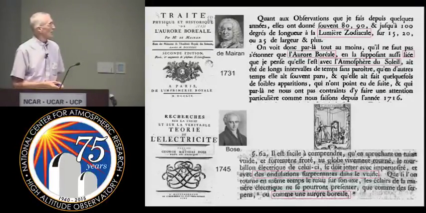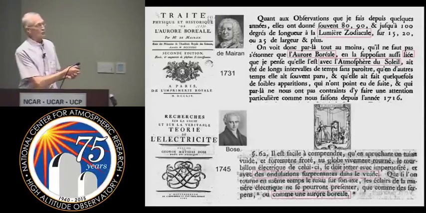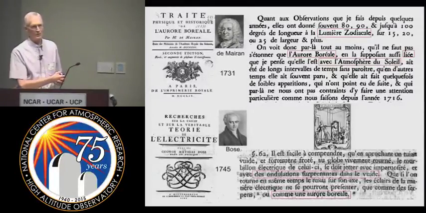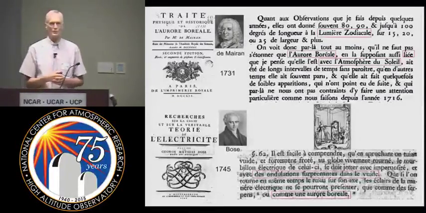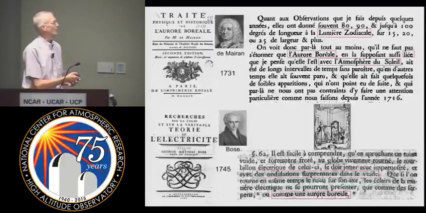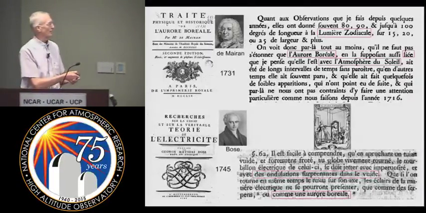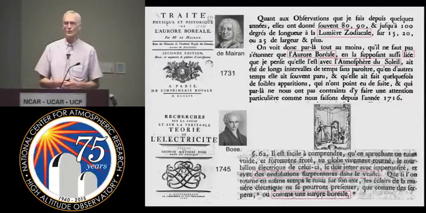But this is a German scientist, Georg Matthias Bose, who wrote to the Royal Society of London. In that day, French was one of the two scientific languages, Latin being the other one.